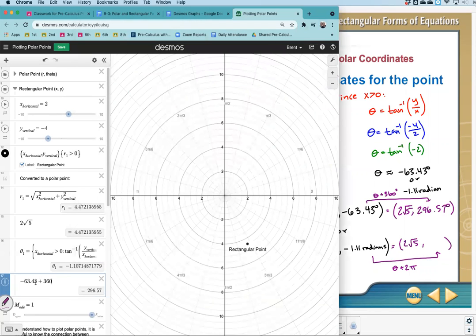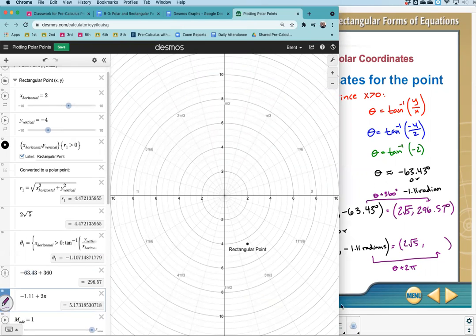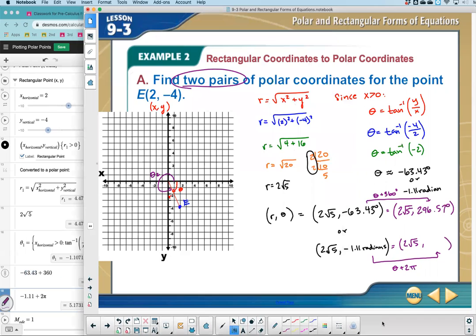So come over here and we'll change this to a negative, let me just write it again, -1.11 plus 2 pi is 5.17. Oh, I forgot the word radians, sorry. Since it doesn't have a pi, I better include radians so we know what we're doing there.